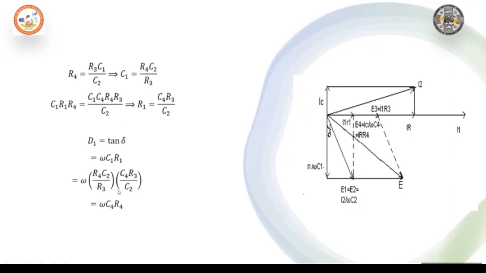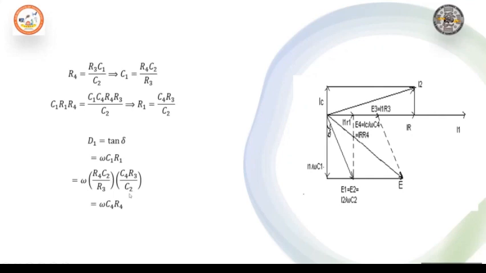How? For a series combination of R1 and C1, the angle between the voltage across the series combination and the voltage across the capacitor C1 is called loss angle del. So tan del is given by I R1 divided by 1 by omega C, and using that I have written this equation.